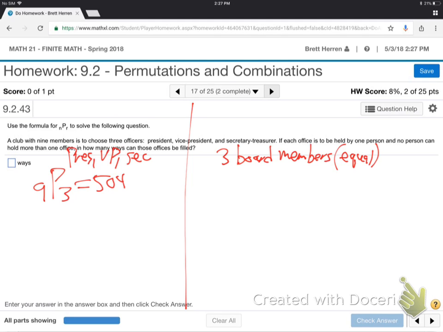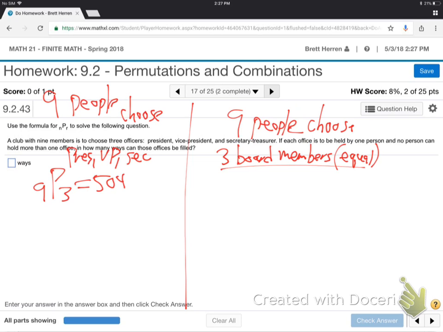You got 9 people. What if I said 9 people choose 3 to be board members? Over here it was 9 people choose a president, a VP, and a secretary. Over here it's choose 3 that are board members. Would that be the same thing? No. Now order would not matter.